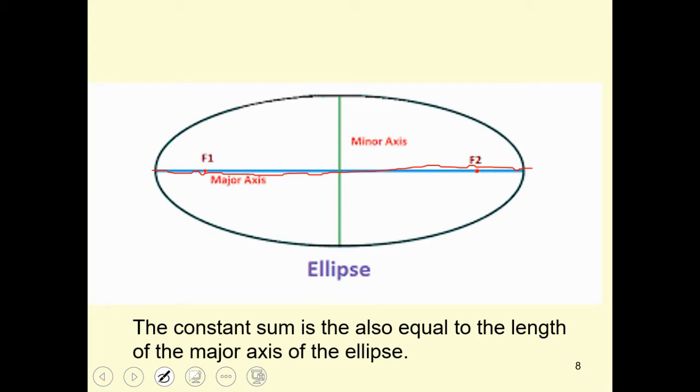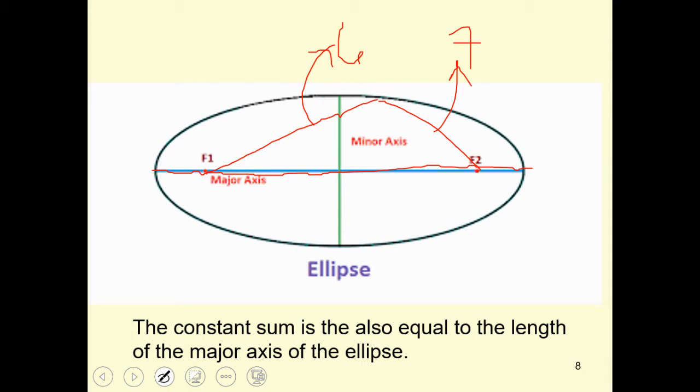So if naa kay 2 points diha, line, point here, connected to the second focus, the distances between these two, if this is 6 and this is 7, 13 na sila, is also equal to the length of the major axis.